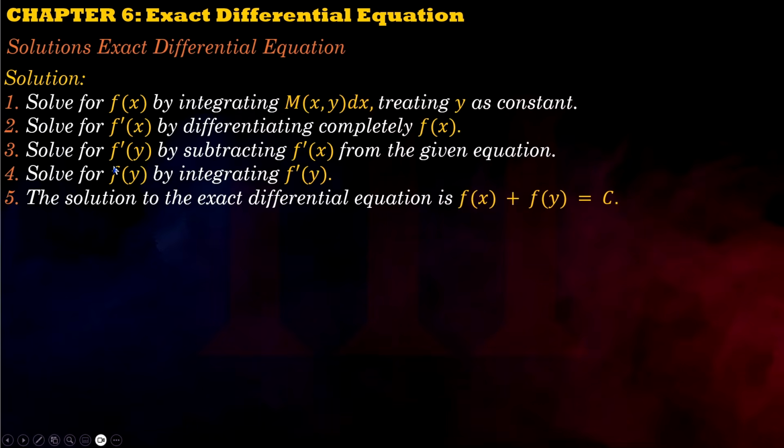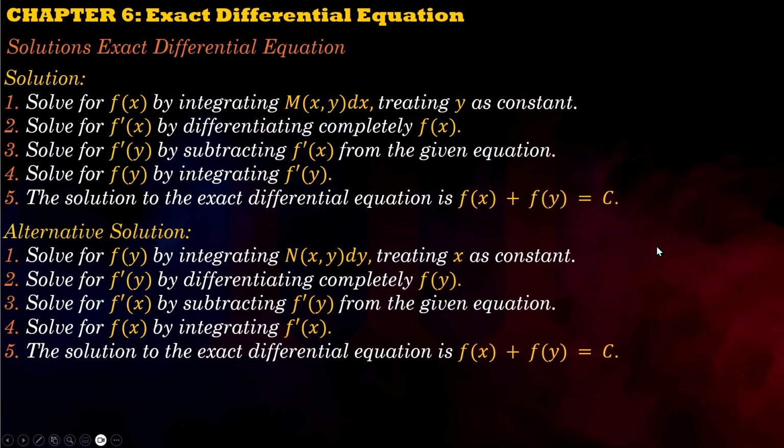After that, we have to solve for f prime of y, by subtracting f prime of x from the given or original equation. And then we have to solve for f of y by integrating f prime of y, which we have solved in the previous step. And lastly, the solution of the exact differential equation is f of x plus f of y is equal to c.